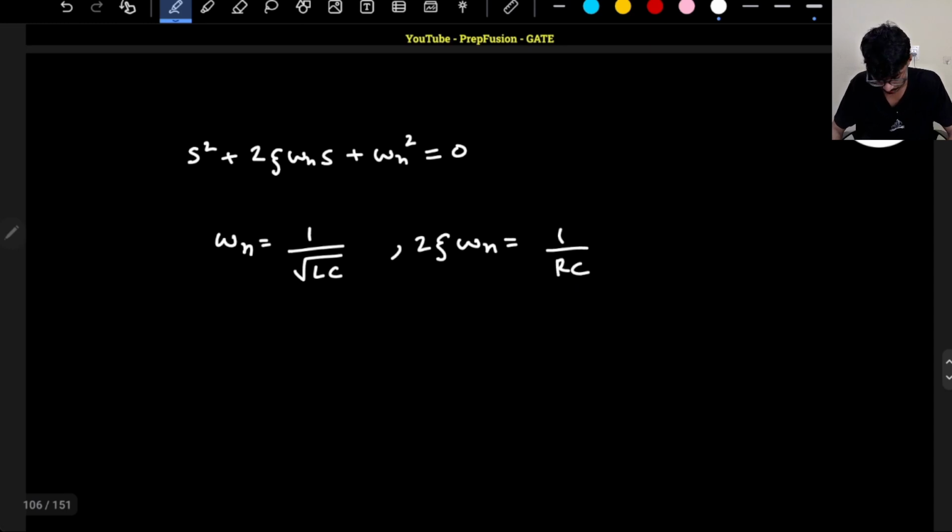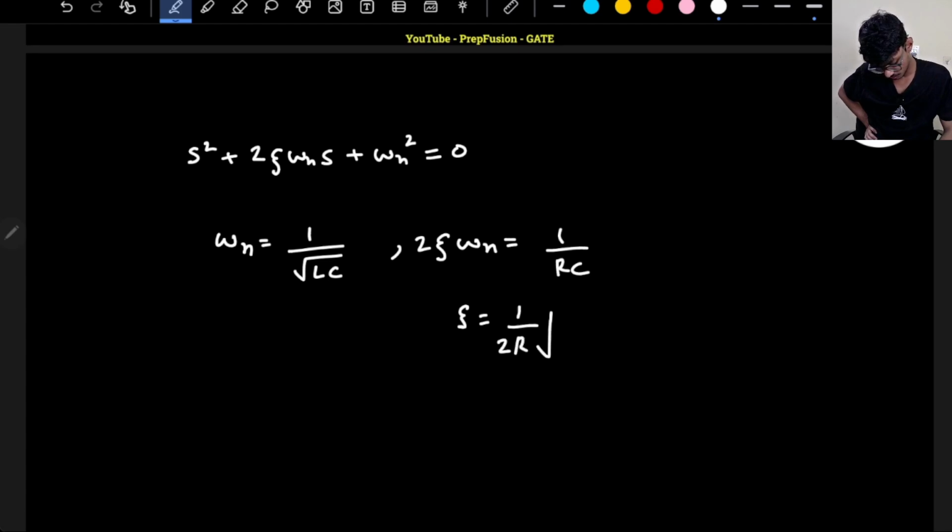So your zeta equals under root L by C over 2R.